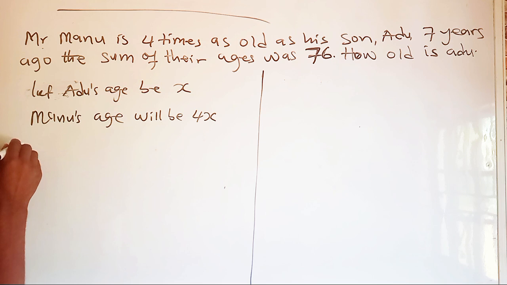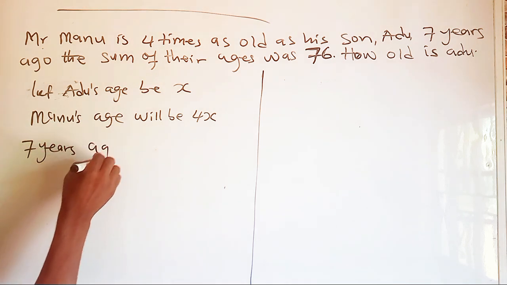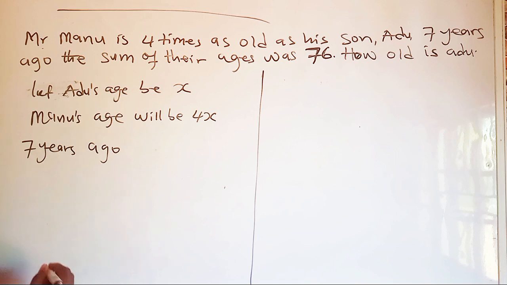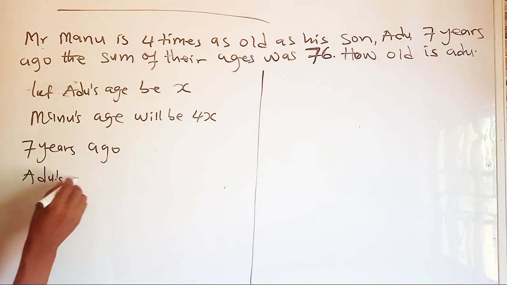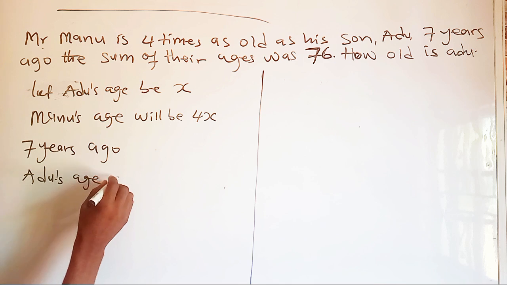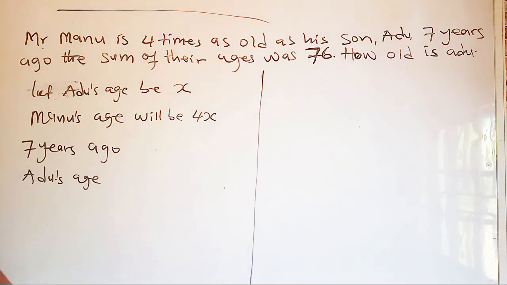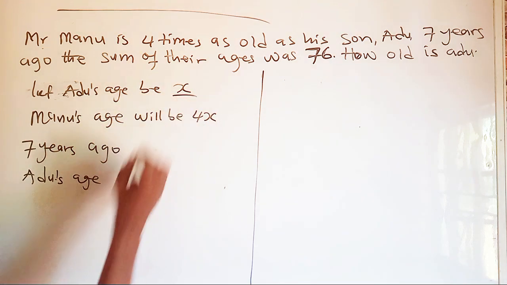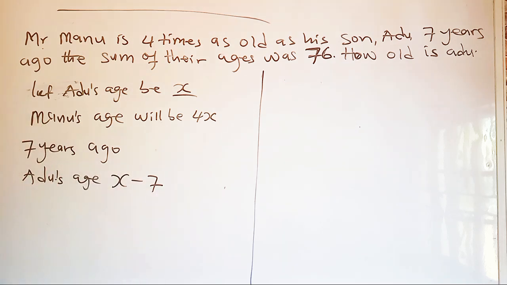So now, the second part of the question, 7 years ago, Adu's age, that would be what? That is back then, 7 years ago. So if Adu's current age is X, that would be x minus 7, right?